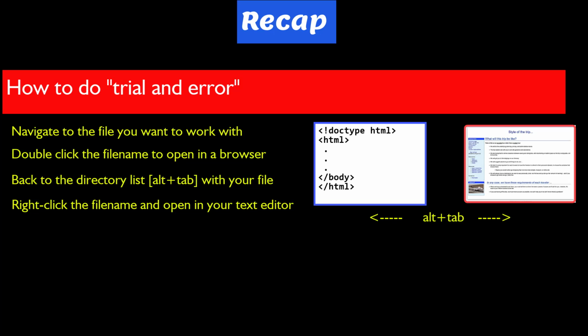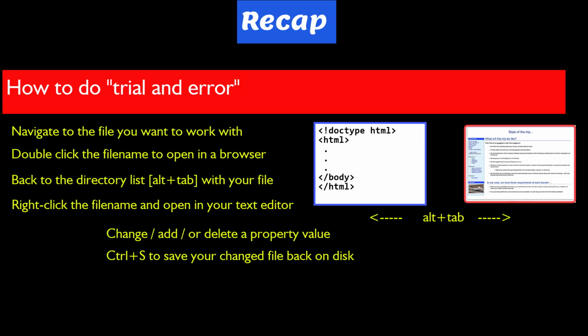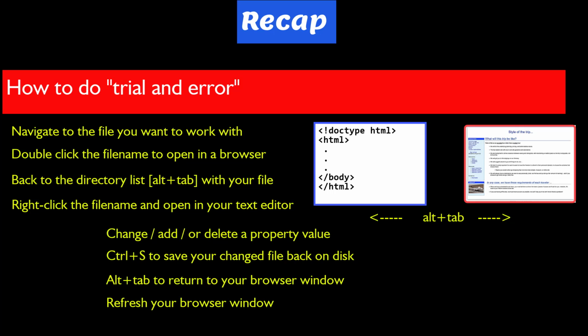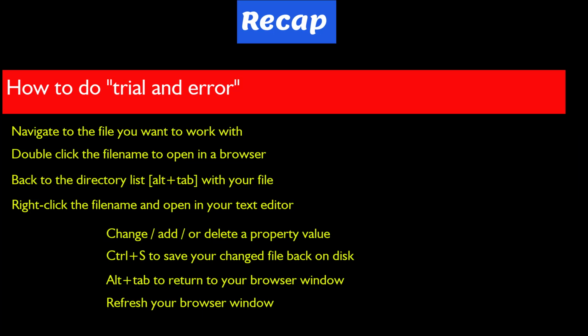Alt-Tab swaps you between the two windows. So you make a change in your code, do Control-S to save your change, Alt-Tab to the browser, refresh the browser to see the effect of the change, and you repeat these steps until you get the look you want. So let's look at working with the line height in that last piece of code to see how this might work.